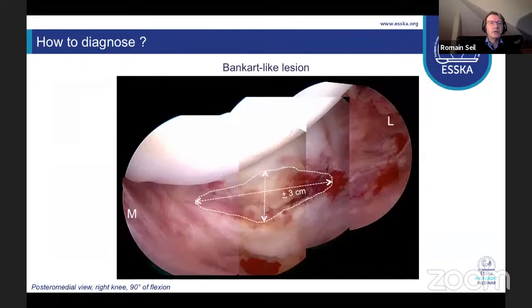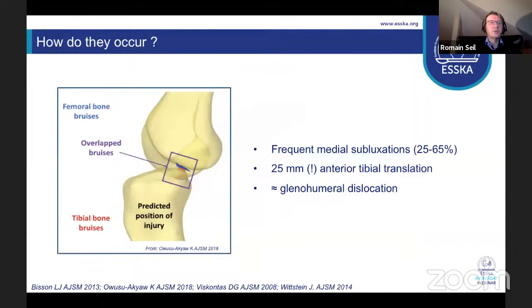And here again, an entire view of the posterior ramp lesion, and you generally have a trend to underestimate the size. So if you debride these lesions, you see that they will get very big, and that's why they probably have an important impact and should be repaired.